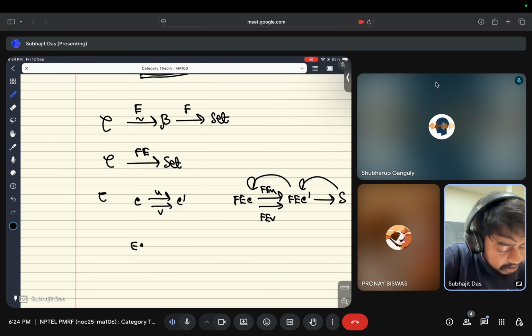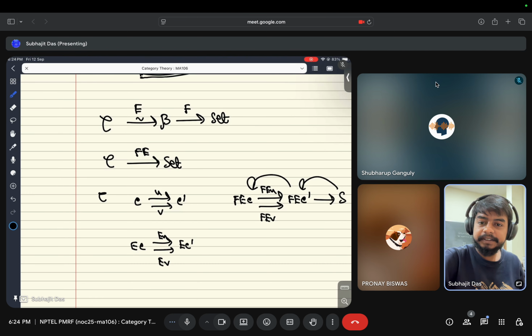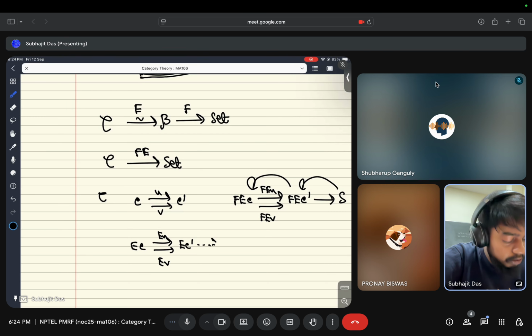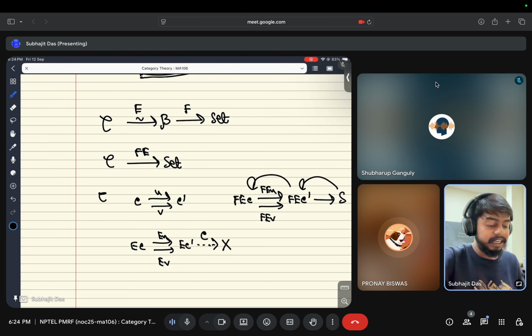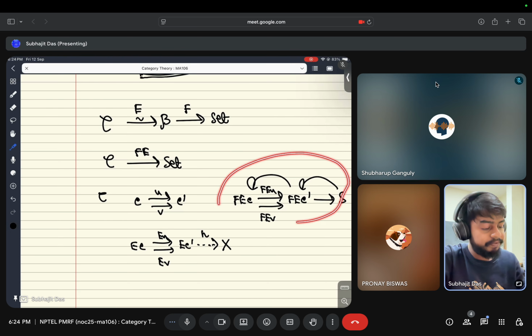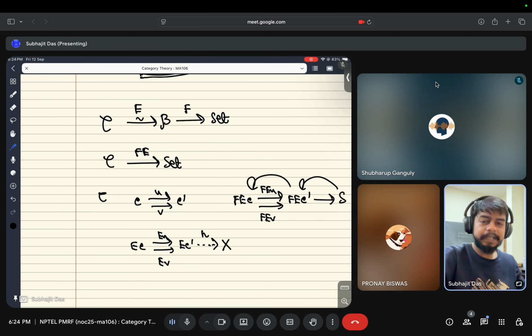Apply just E. So EC, EU, EC prime, EV. This is a diagram in B, right? And its image under F has a split co-equalizer, which means, since F is monadic, this should have a co-equalizer, let's say X, with a map H in B, which gets mapped onto our co-equalizer, or rather which is preserved.